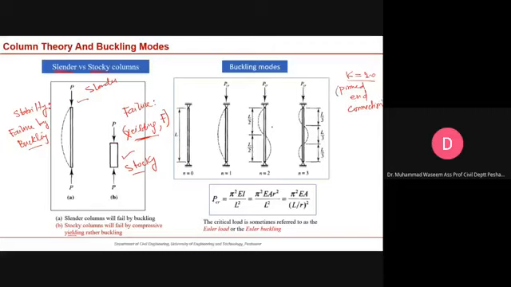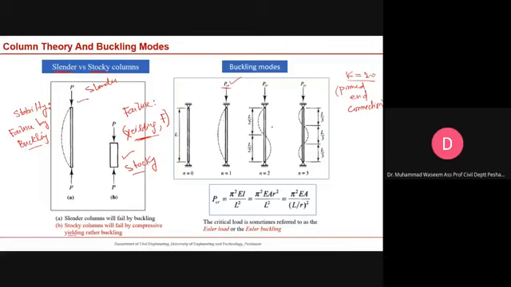As we discussed, if we keep on increasing the load, like we apply a load here, this is a cylinder column and it does not fail in buckling, so that load will not be called the critical load, okay? The load which causes instability or buckling in a cylinder column, we call the critical load, okay?